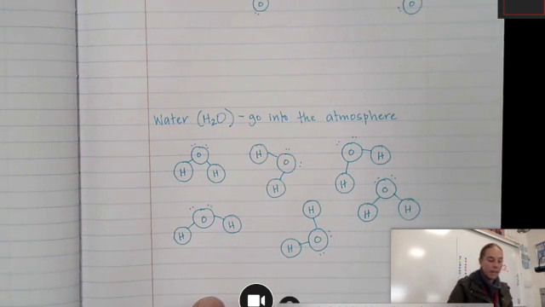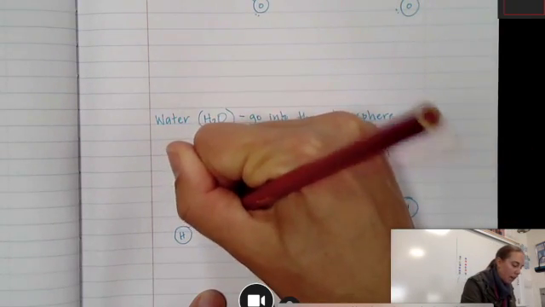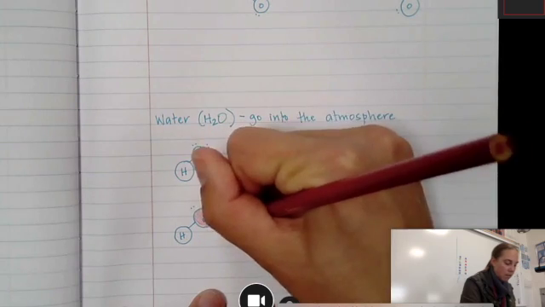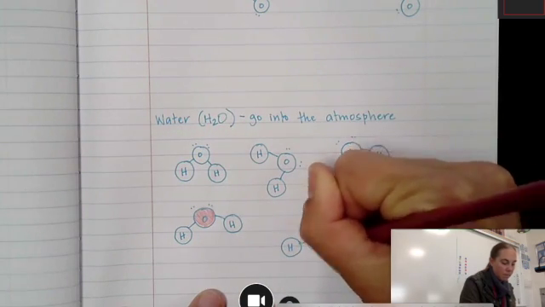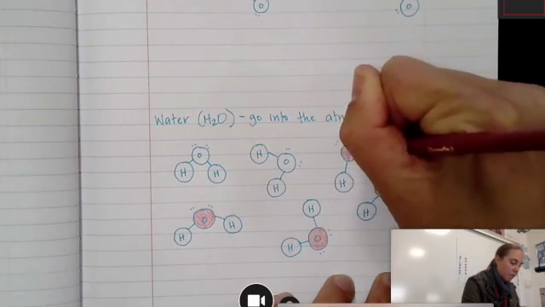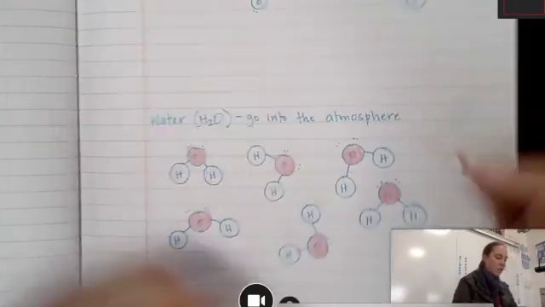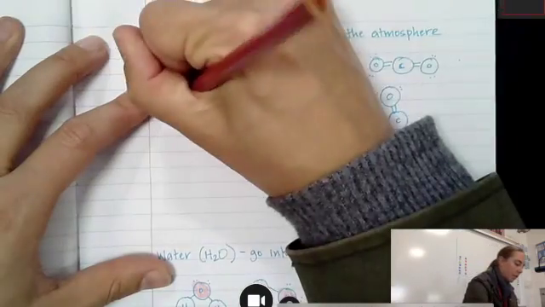We're going to go ahead and color these. So oxygens are red. And I'm also going to draw red oxygens for my carbon dioxide.